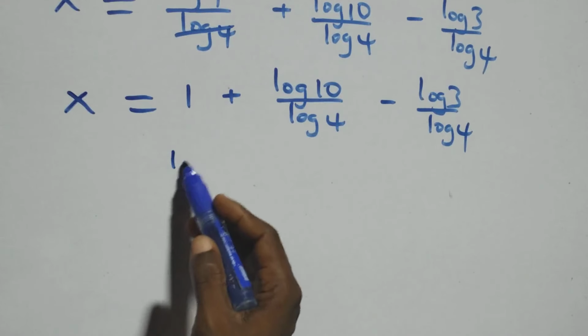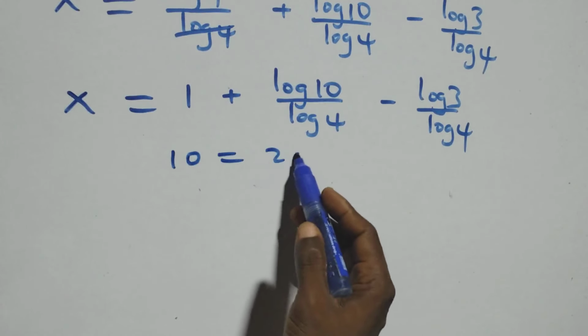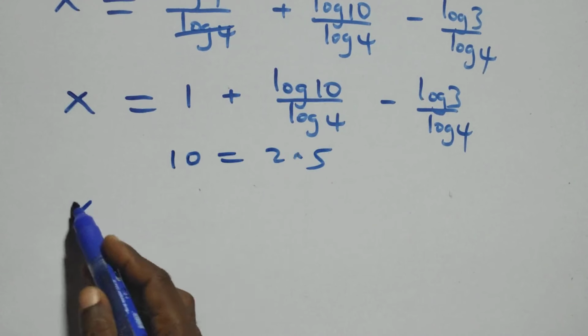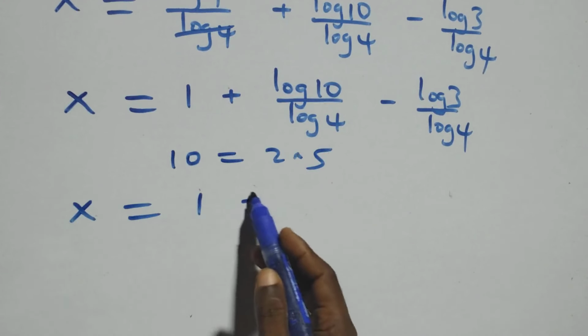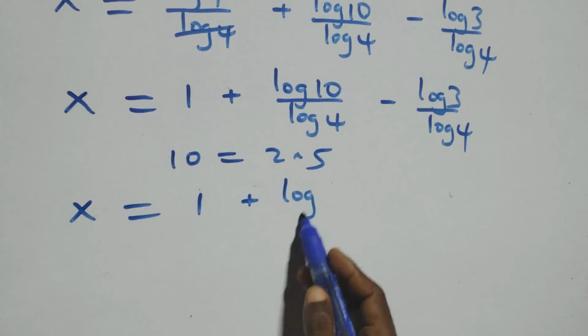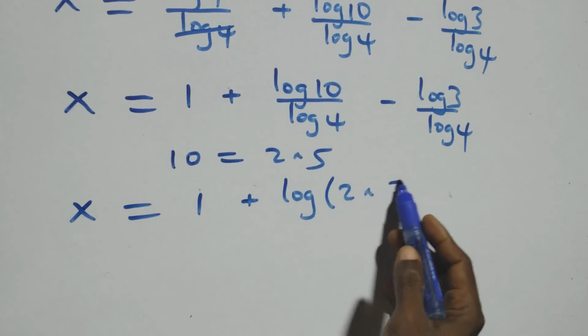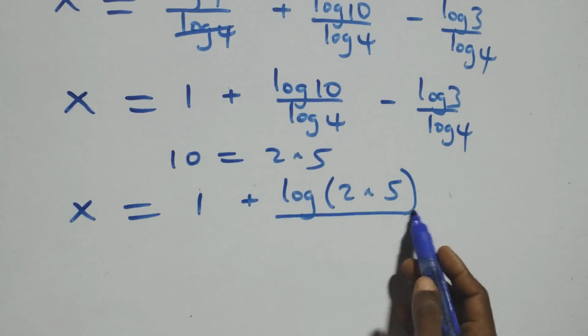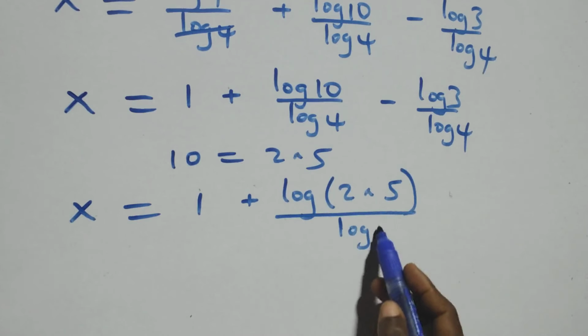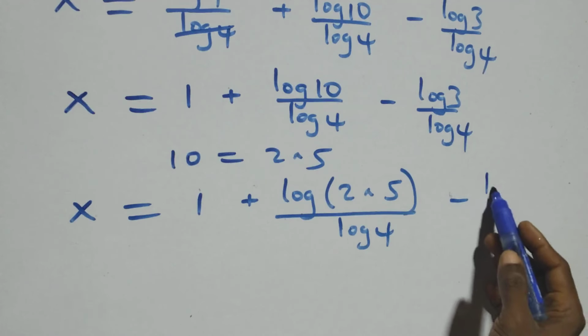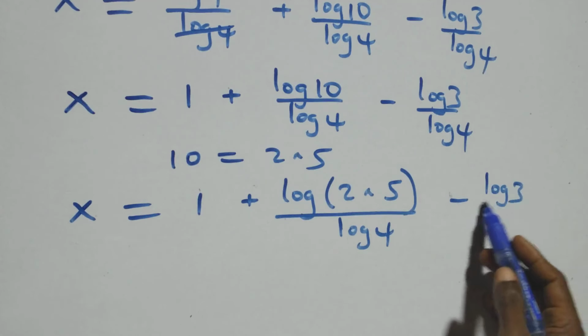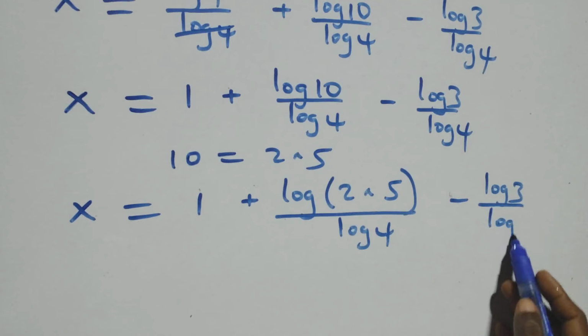Then also here, 10 can be written as 2 times 5. As this we have x equals 1 plus log 2 times 5 over log 4 minus log 3 over log 4.